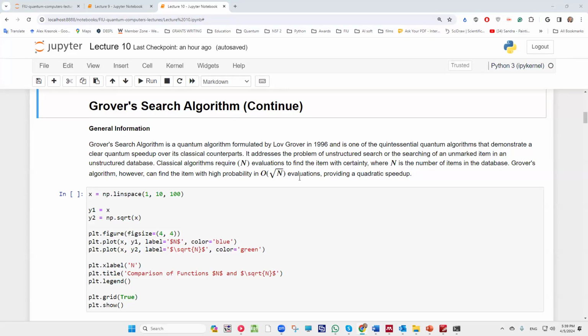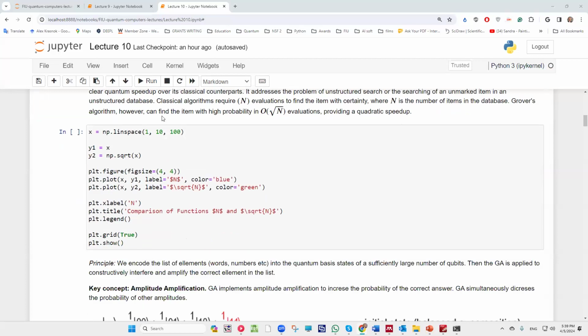whatever. And classically, if you have a list of N elements, how many times do we need to call the list before we finally locate the element of our interest? On average, it's going to be something around N over 2, right?